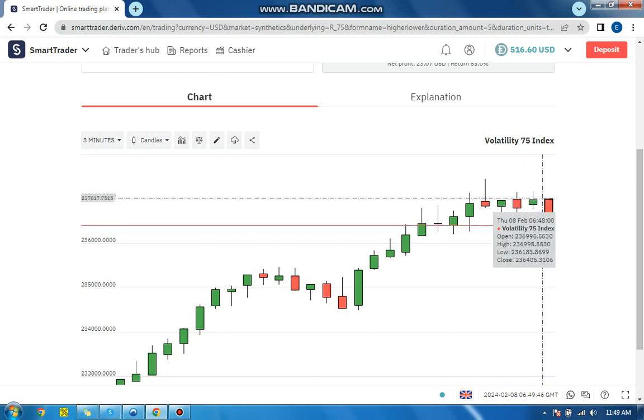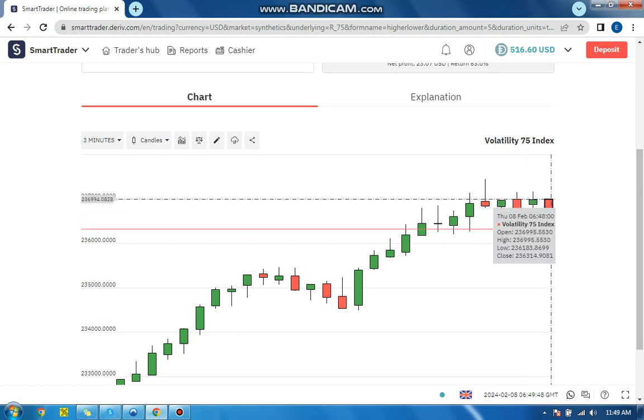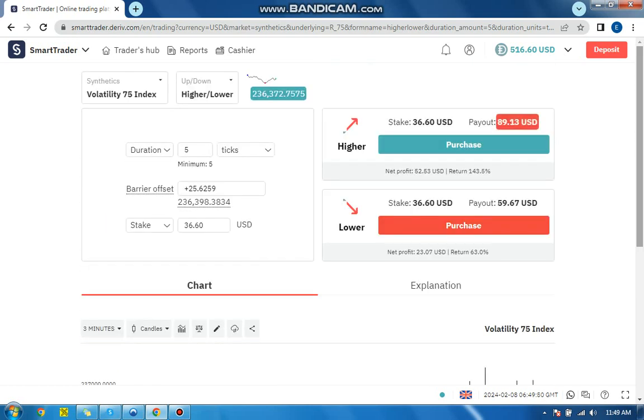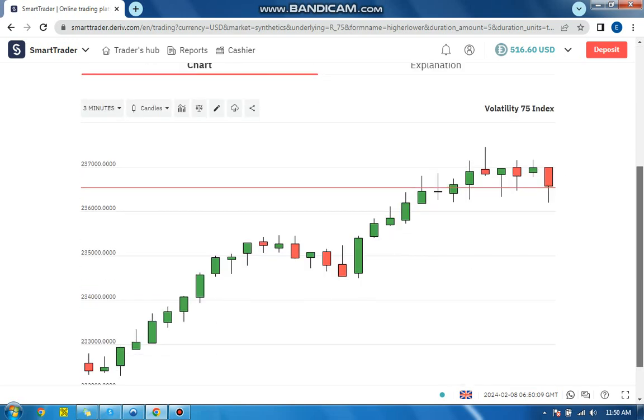As you can see over here, we have a very big red candle which is indicating that the trend is downward. So we just have to wait now. The moment it shows the first blue tick, and when it breaks, we are going to take the trade. 1, 2, wait a moment.